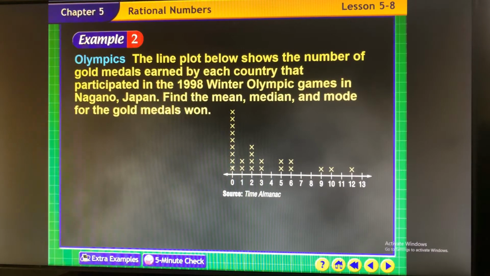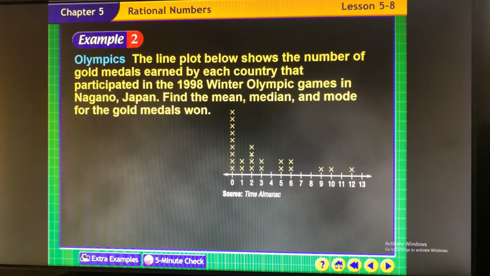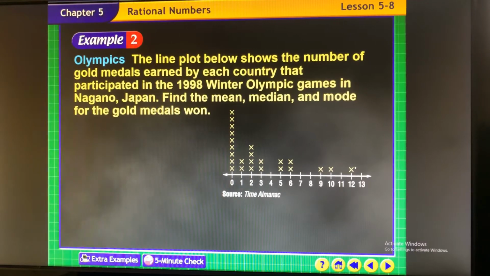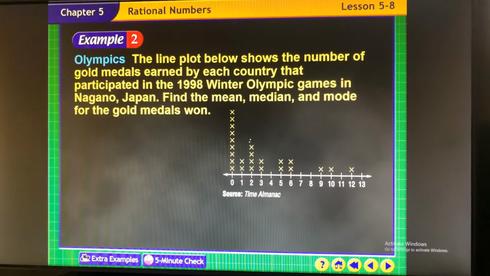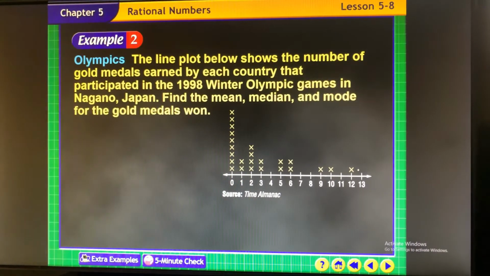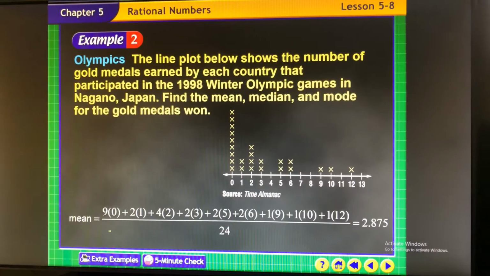So you're going to say 1, 2, 3, 4, 5, 6, 7, 8, 9 times 0 plus 1 times 2 plus 2 times 4 plus 3 times 2 plus 5 times 2 plus 6 times 2 plus 9 plus 10 plus 12 will give you the sum. Then you count the total number of X's, and that's what you'll divide it by. So this is what it looks like.